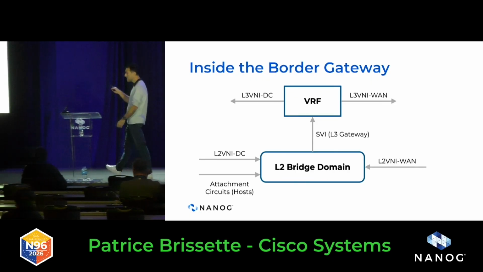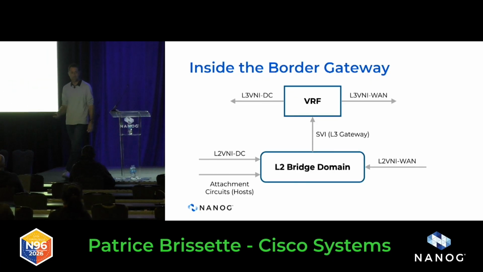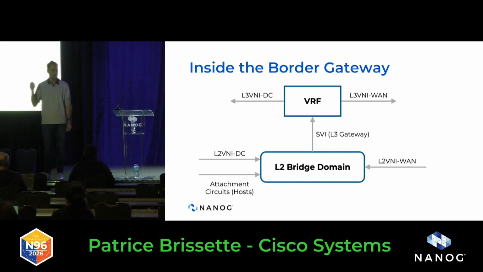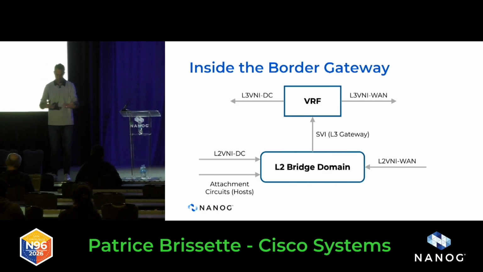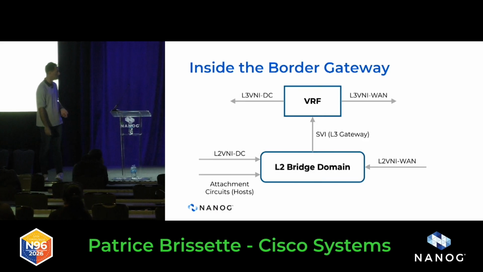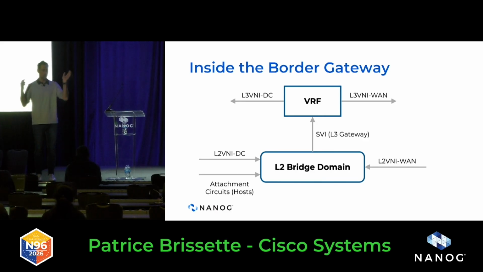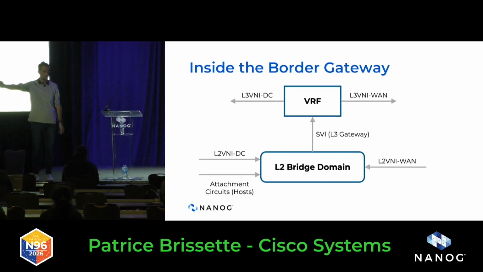But at the end, a border gateway is just doing exactly what everybody is doing for other types of service, but you're just connecting them. And again, what was very important that I said at the beginning of this presentation is that a tunnel coming to your border gateway gets terminated, you do your lookup, and then you re-encap it, and you go.